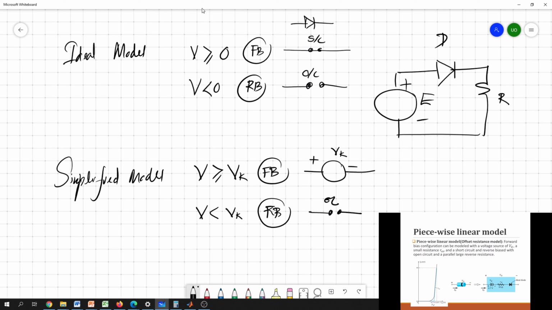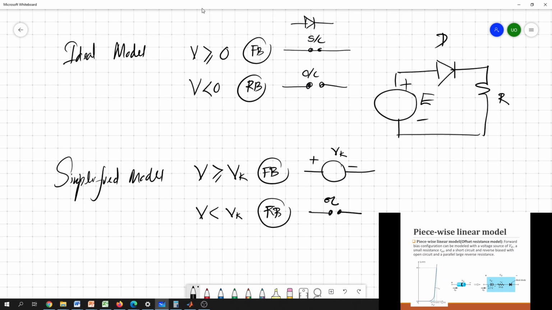Otherwise we can align with the ideal model or simplified model. Those two models give a reasonable insight and explanation about the behavior of the circuit, and the values we can calculate from these two models may be very close to the real voltages and currents.